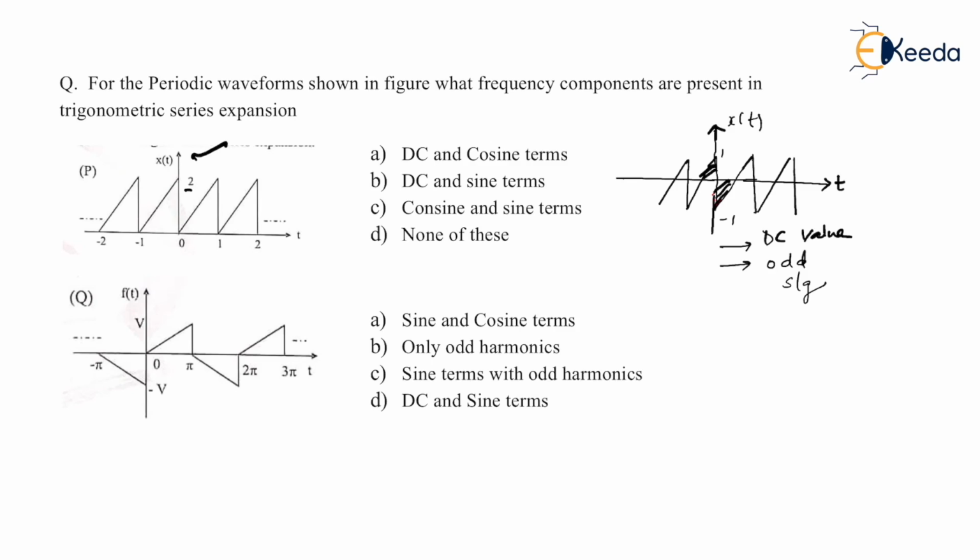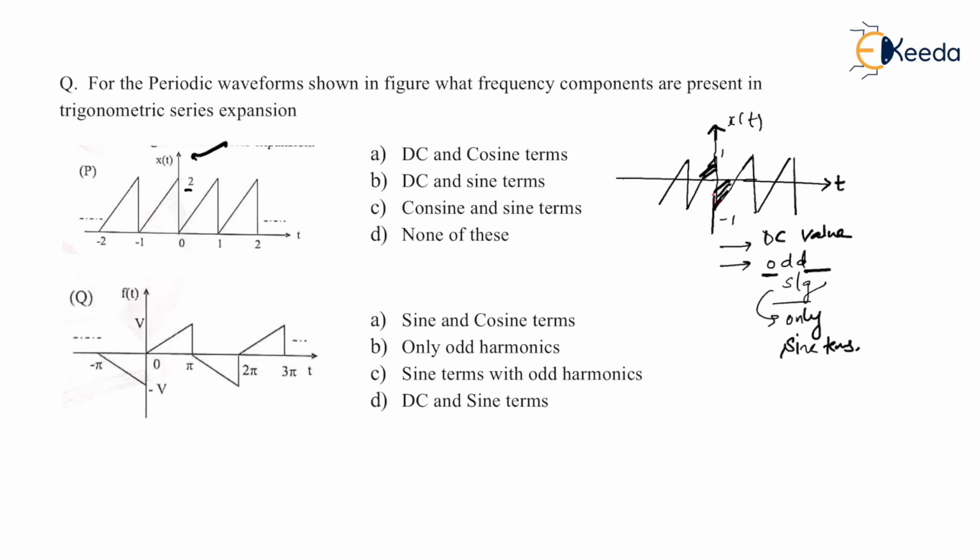If the original x of t signal is an odd signal, then a naught equals 0, that is, DC value equals 0. But if it is not an odd signal but a hidden odd signal, in such cases DC value is never equal to 0. Right? So DC value is present. And since it is an odd signal, we know that only sine terms are present.